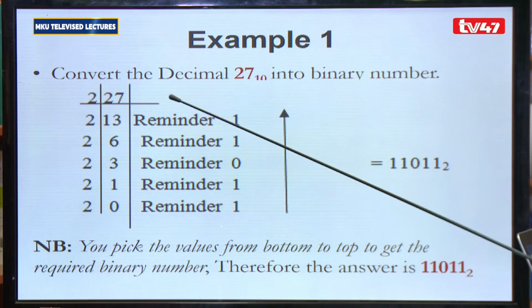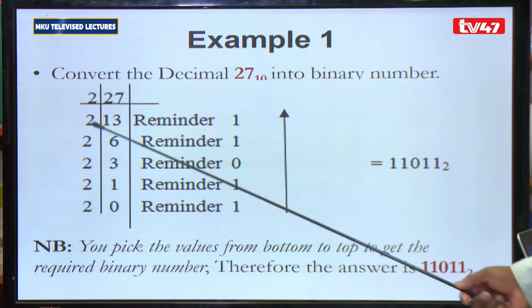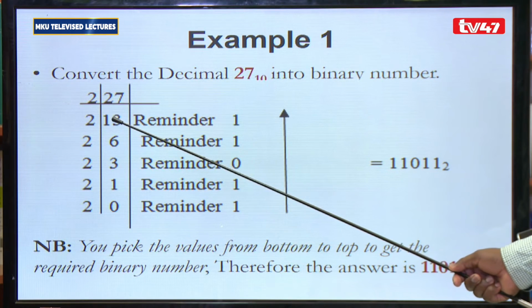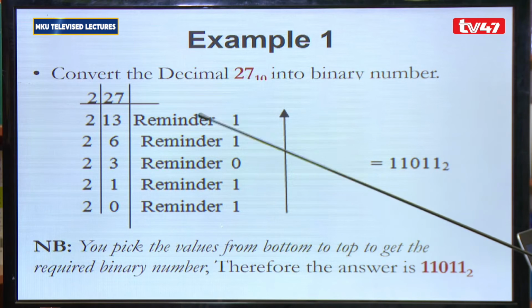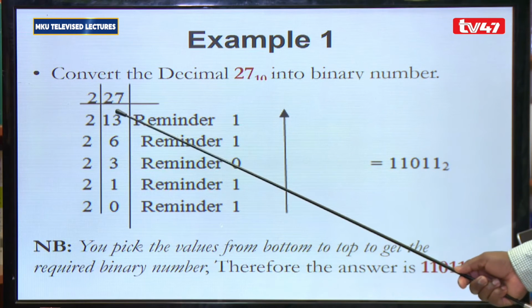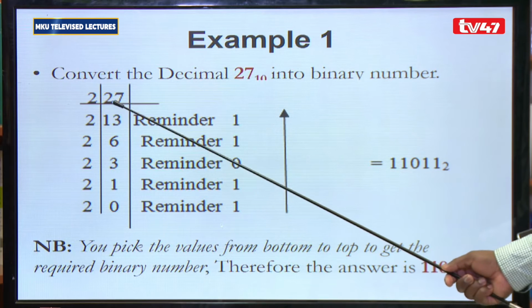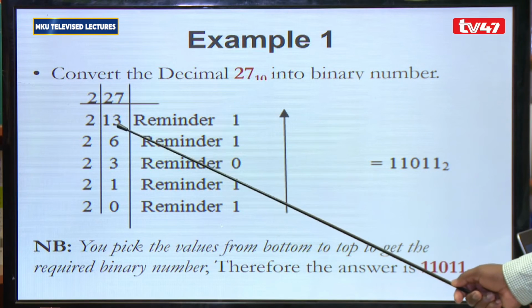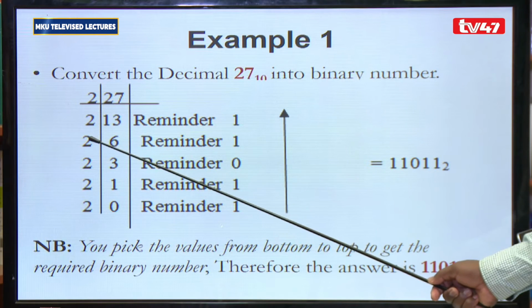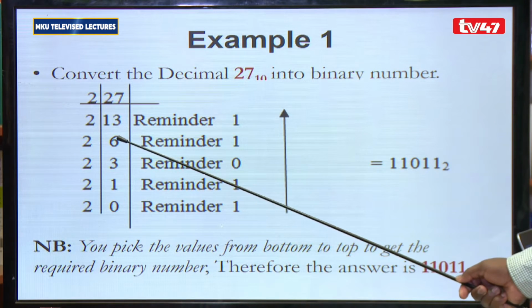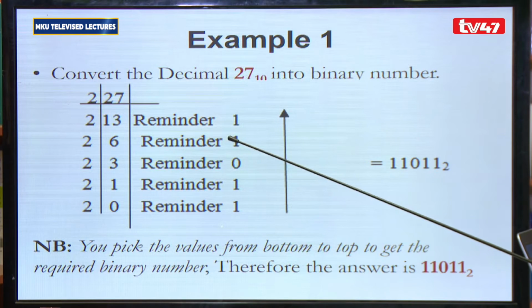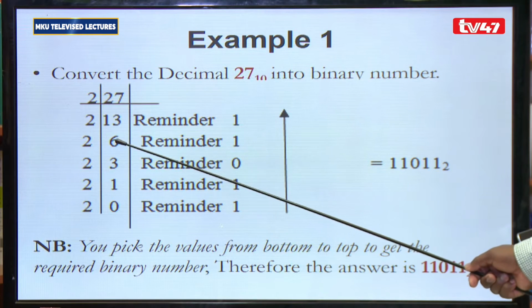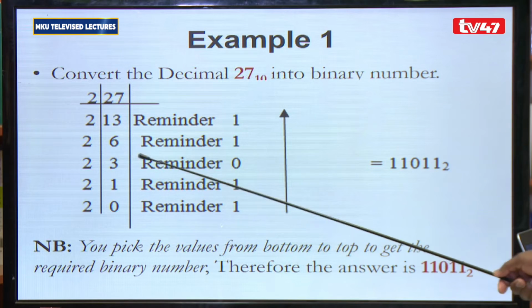In this case, we mean 27 divided by 2, you get 13, remainder 1, because 13 times 2 is 26. Then again, you divide 13 by 2, you get 6, remainder 1. Again, you divide 6 by 2, you get 3, remainder 0.